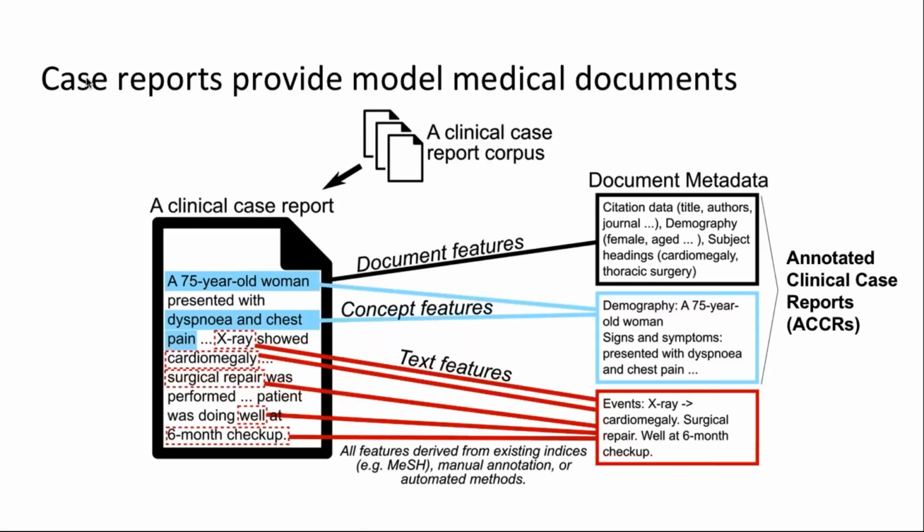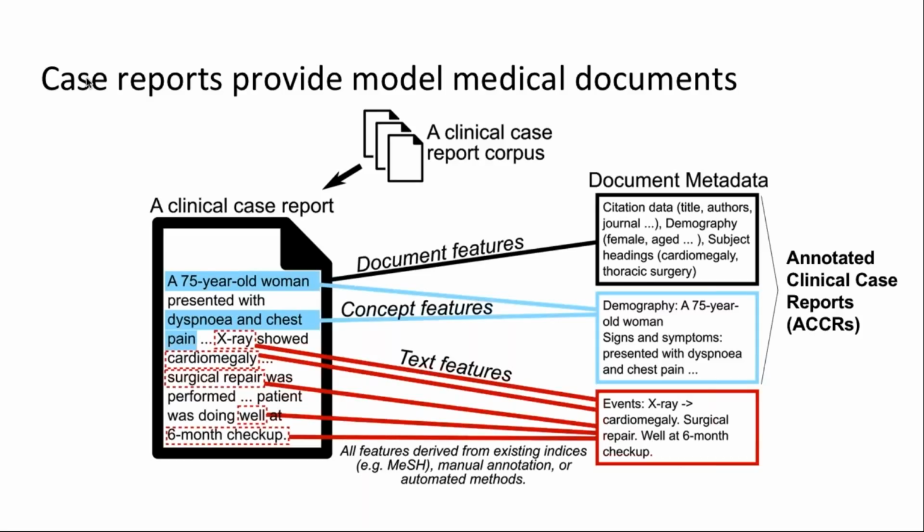Now, of course, we can go even farther beyond that and look at that at the text level and identify individual events and entities within those concepts and say, for example, well, an X-ray was done, perhaps a chest X-ray. It showed a particular thing.